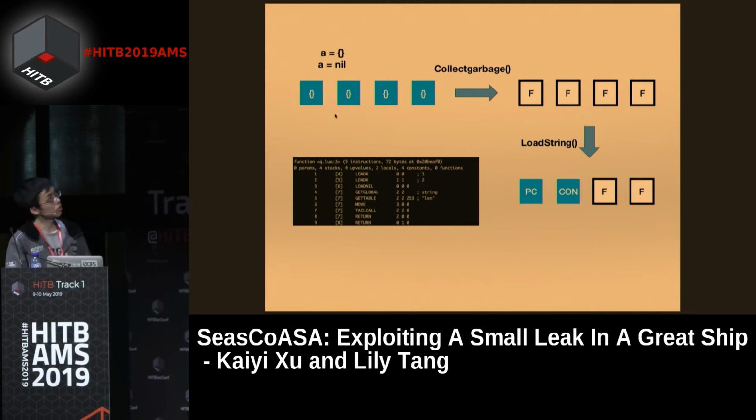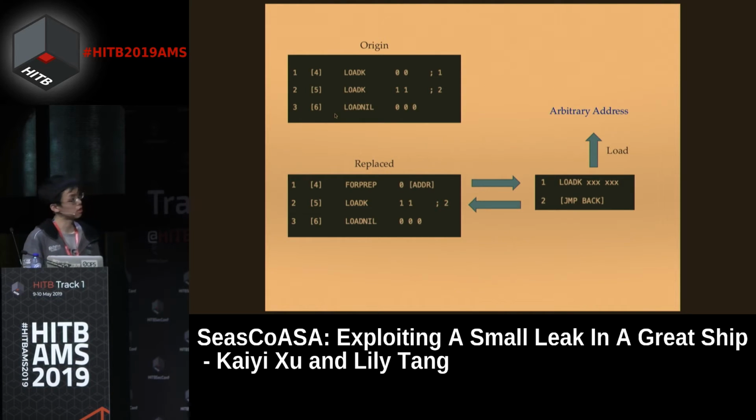So we know the address of the PC chunk and the const chunk. Then we have already solved these 3 questions: where is our controlled chunk, and where is the current PC.